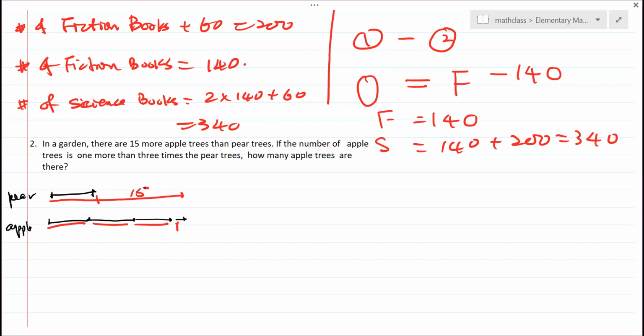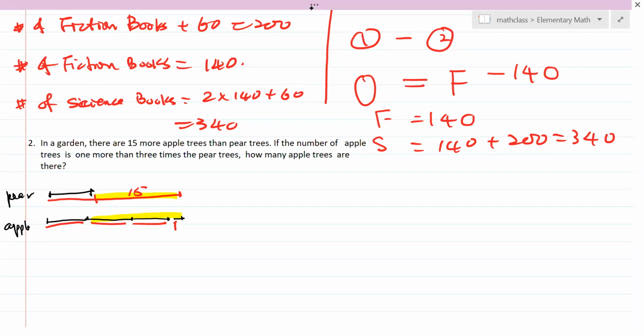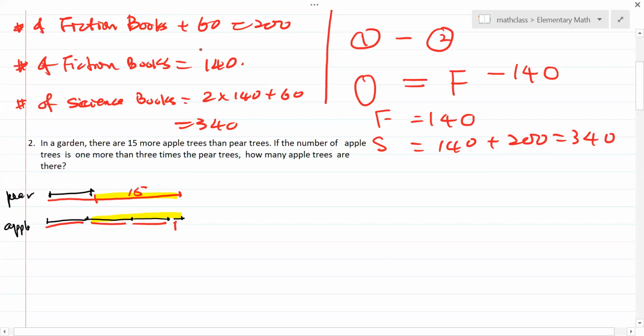From this picture, what are we going to compare? We're going to compare those two parts. Those two parts tell you that twice the number of pear trees plus 1 is going to be 15, because they both should be matched.